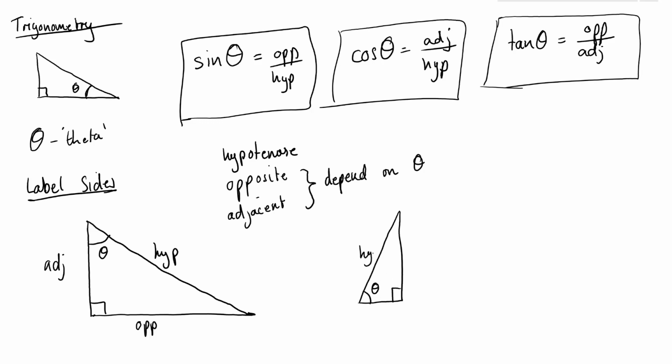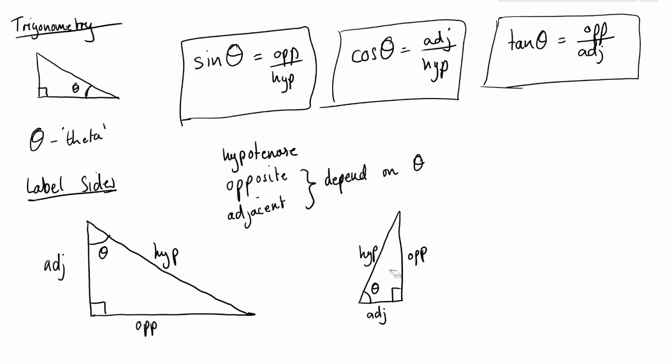So this one here is your hypotenuse, because it's opposite that right angle. Then you want to look opposite your theta angle, which is going to be there. So this side is the opposite, and that leaves this side as the adjacent. Okay, so now we can name the sides that we've got.